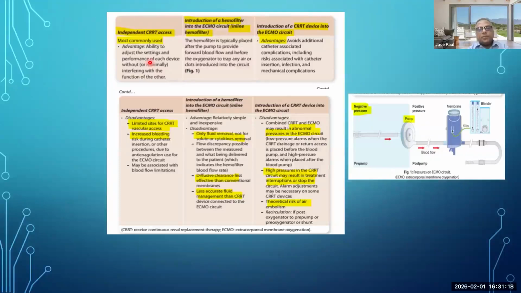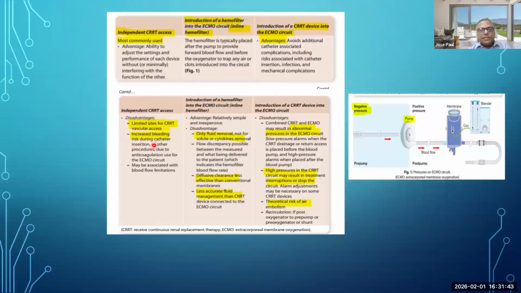Of course, when you are running an ECMO, there will be a cardiac perfusionist along with the ECMO, and you will have to really integrate with the perfusionist to stop the CRRT program as well as to run the program well. So here there is independence of CRRT, so you can decide on what treatment modalities you can use.